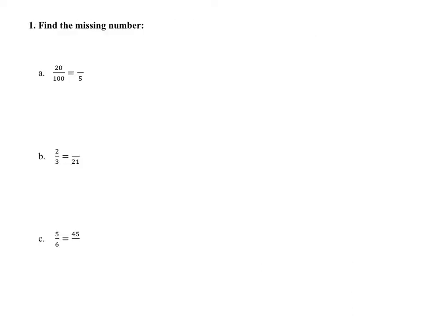This next piece is to fill in the missing number, and we're going to do B before we do A, okay? So what I'm going to do is think about multiplying by the number 1. So if I have 2/3 and I want to get something over 21 and I want to figure out what's in this box, well, I think to myself, self, 3 times 7 is 21.